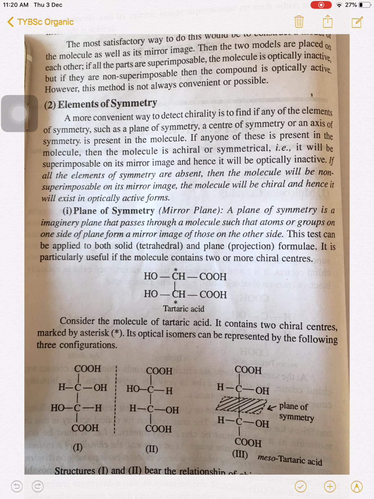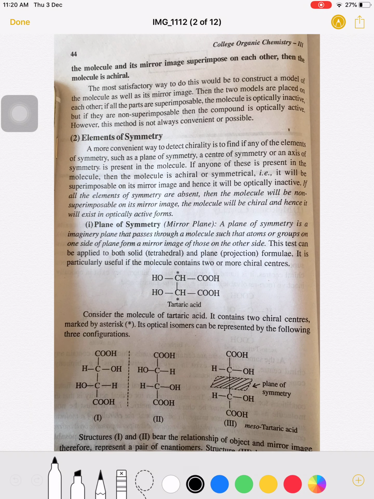Now we are going to see the factors because of which a molecule, though it contains a chiral center, is optically inactive. So the point is element of symmetry. In the last FY class we have studied this point also, but I will take this revision here also.